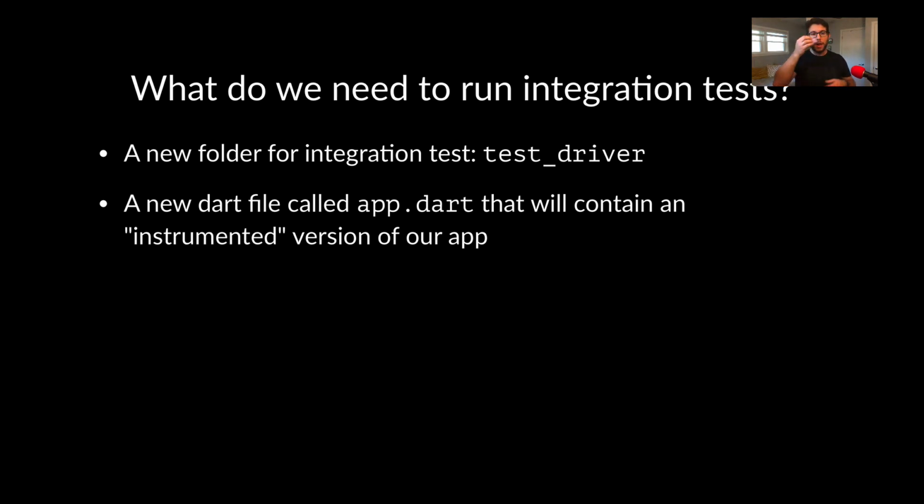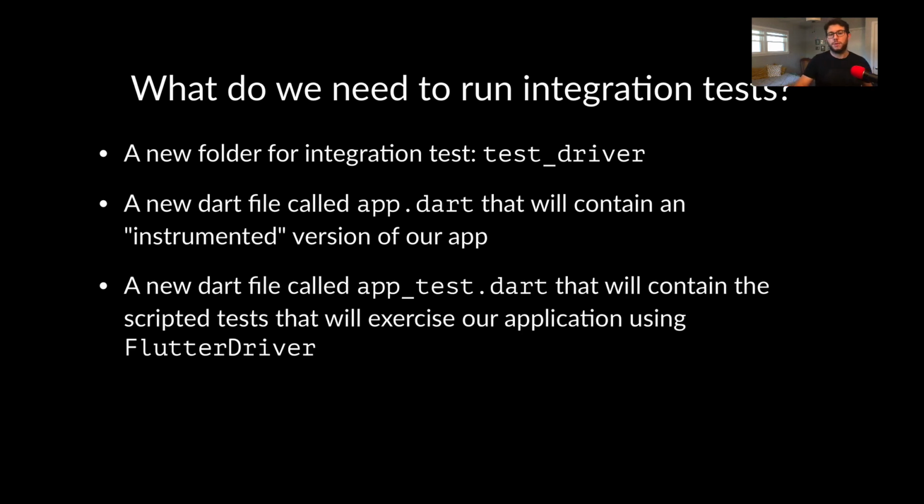However, we're going to enable a little bit of magic for the Flutter driver so we can actually run our scripted test over the simulator. The second file we're going to call app_test.dart, and it's going to contain the scripted test. It's going to contain the necessary Flutter driver code to interact with this type of application so we can assert on a real simulator that a UI works and behaves as expected.